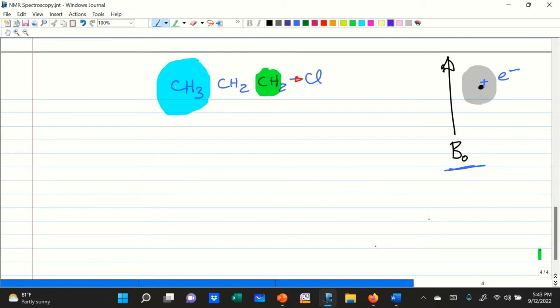This is the very fundamental basics of understanding NMR. Of course, the one in the middle is in between these two. That goes without saying. It is less shielded than the blue one, but more shielded than the green one.